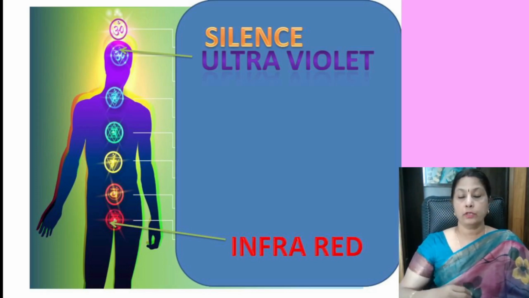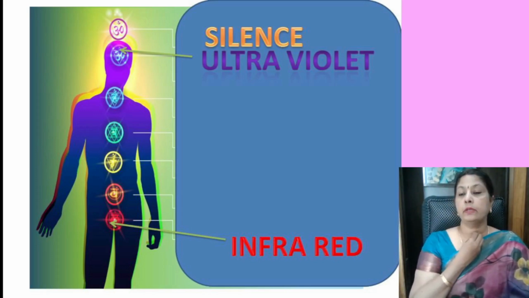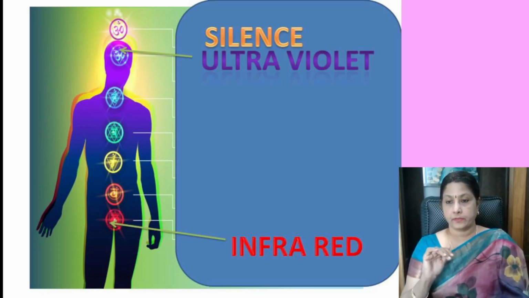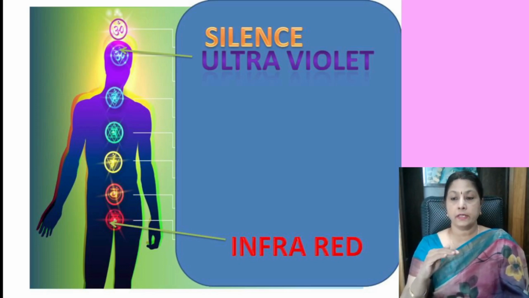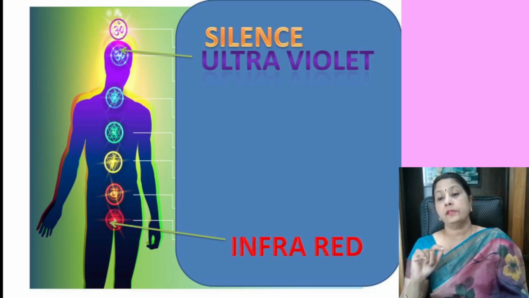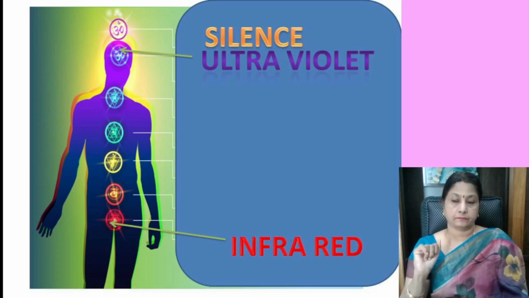From the root chakra, the Muladhara chakra, to the throat chakra, the Vishuddha chakra, it represents your physical presence, physical dimension, because here you have the five elements. From here to this region, a little over the Agya chakra, this represents your astral body.